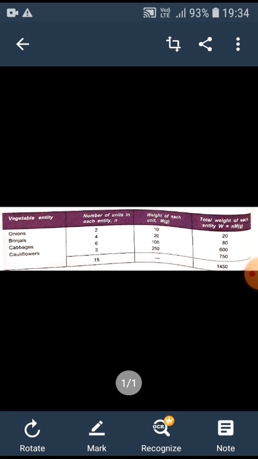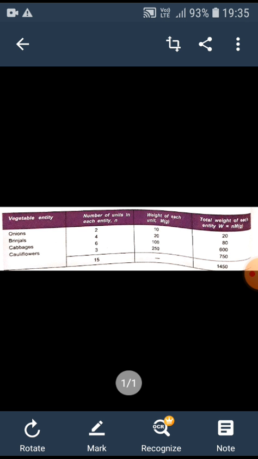For example, as we can see, the total number of vegetables contained in the basket is 15. The number of onions present in the basket is 2. So the number fraction of onions will be 2 divided by 15. Similarly, the number fraction of brinjals will be 4 divided by 15. Number fraction of cabbages will be 6 divided by 15. And number fraction of cauliflowers will be 3 divided by 15.